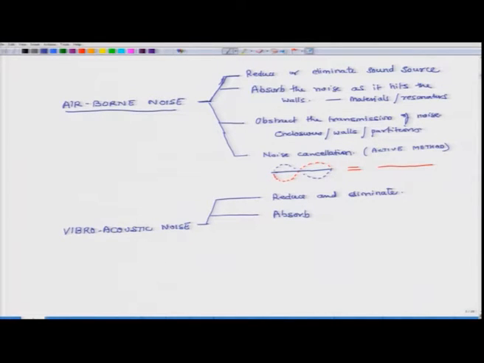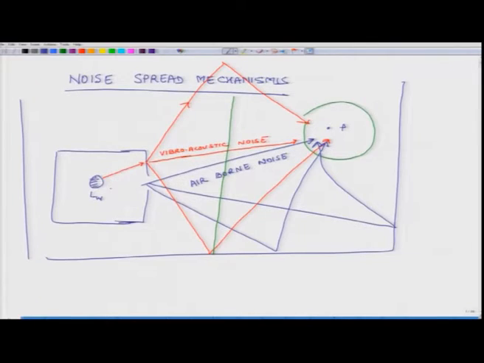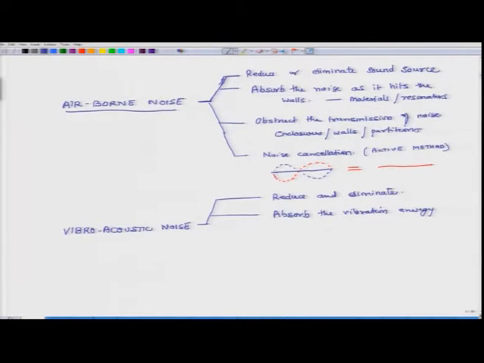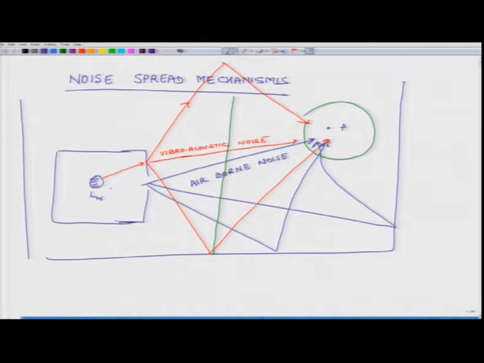Absorb the vibration energy. What do I mean by this? When sound waves hit the enclosure, the sheet metal surface starts vibrating, and the aim is that I somehow reduce the energy going into the vibration which is causing the enclosure to vibrate.